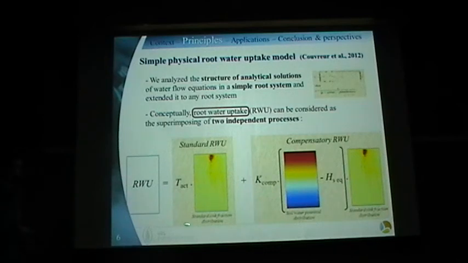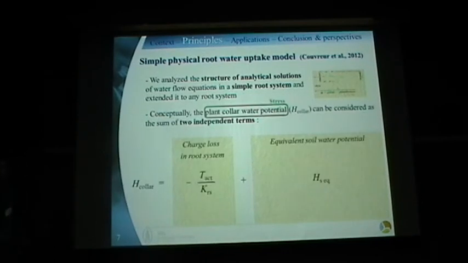And here you can see the second macroscopic parameter, which we call the standard sink fraction distribution. This parameter is spatially distributed and is very similar to the relative root length density, but it accounts for the root hydraulic properties.